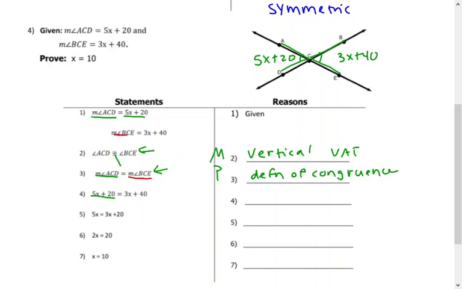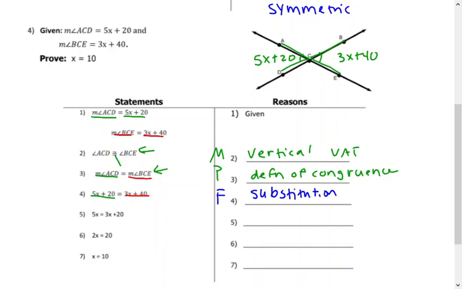And up here we have BCE equals 3x plus 40. So we are substituting into our equation with what we know they equal for the substitution property, which is choice F.